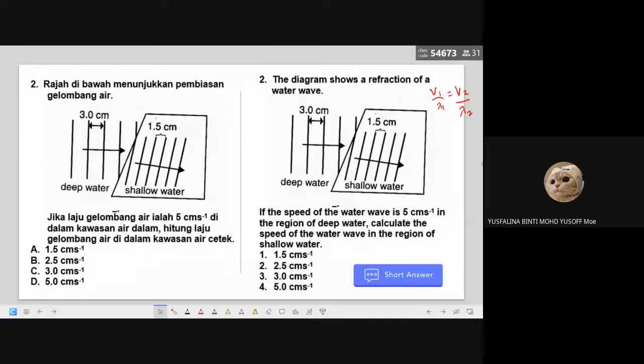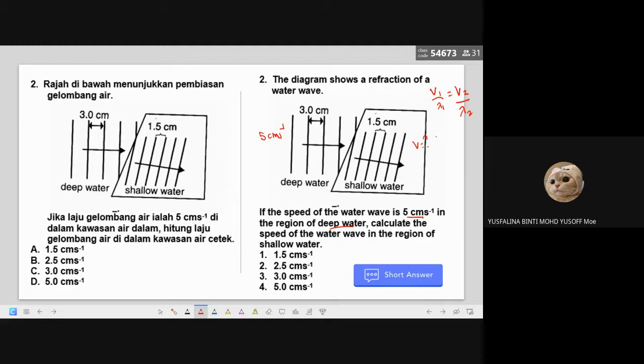So V1 over lambda 1. It says here if the speed of the water wave is 5 cm per second in the region of deep water, so here the speed is 5 cm s negative 1. And it asks you to calculate the speed of the water wave in the region of shallow water. So you have to find V2 here. So I will take the deep water as V1 and lambda 1.